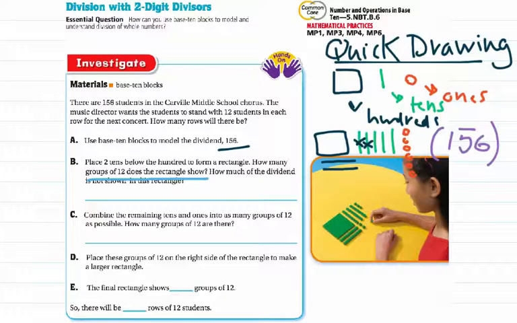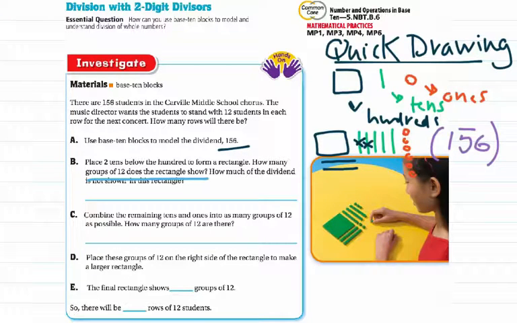So we know that there are 10 tens inside of this 100, and there would be 2 more ones added to the 10 ones that are in the 10 here.